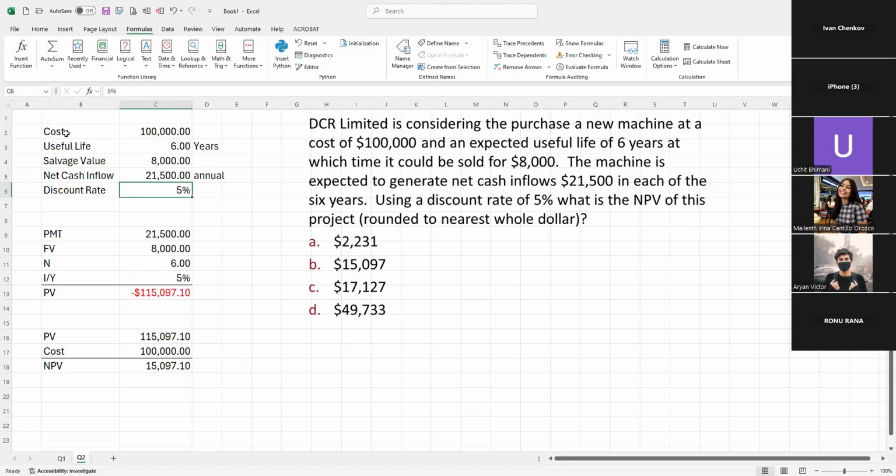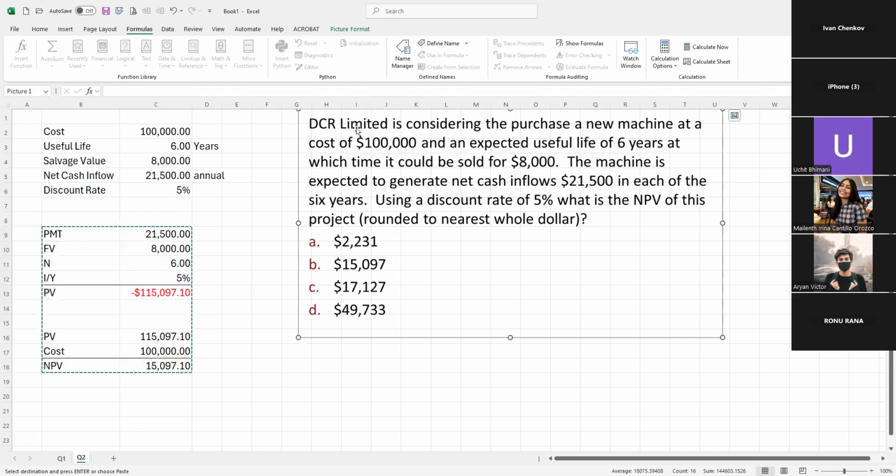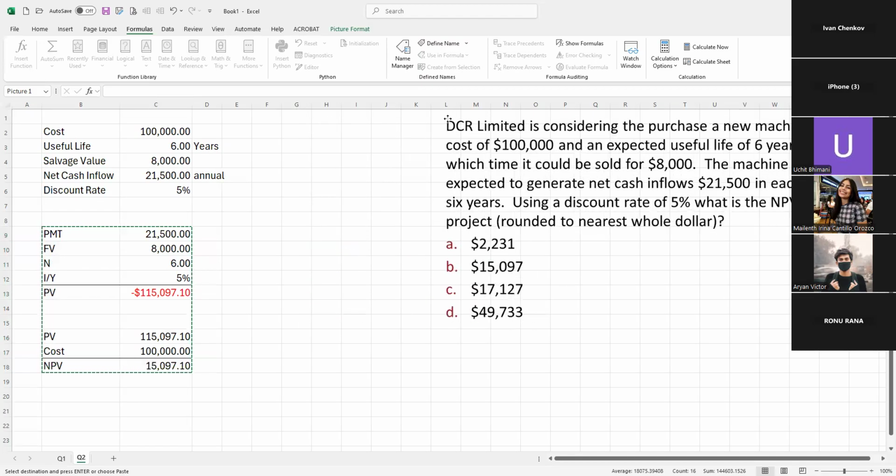If this is my calculation for this question, now let's copy this. Let me flip it here. No, I can't. Let me move this one a little bit this way, and I'm going to flip this one here.